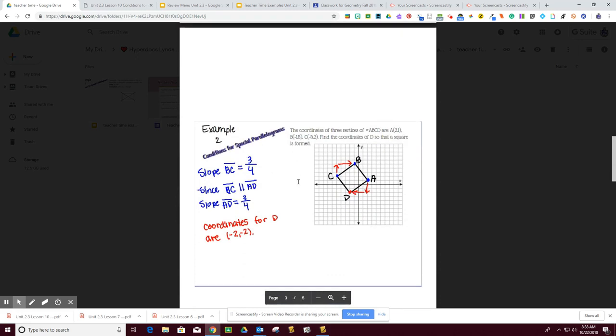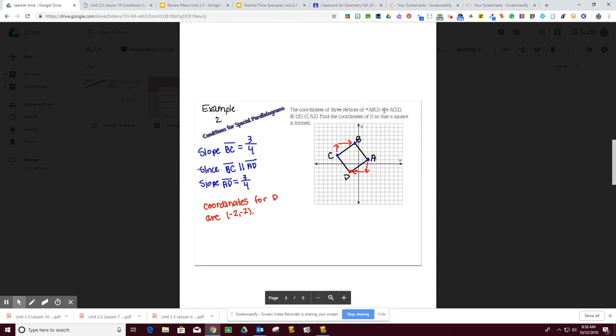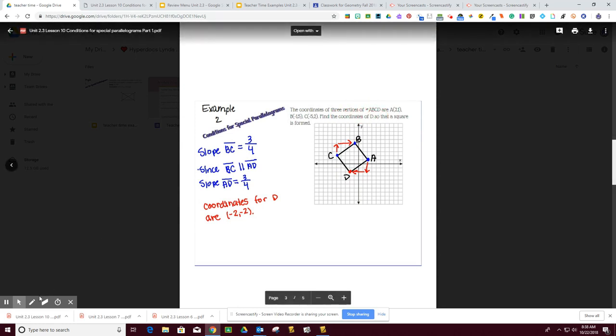In example 2, we're asked to plot the coordinates and determine the coordinate for D so that it is a square. Now, I want to remind you that a square has all right angles, and the sides are equal. So having said that, that's what we're looking for.